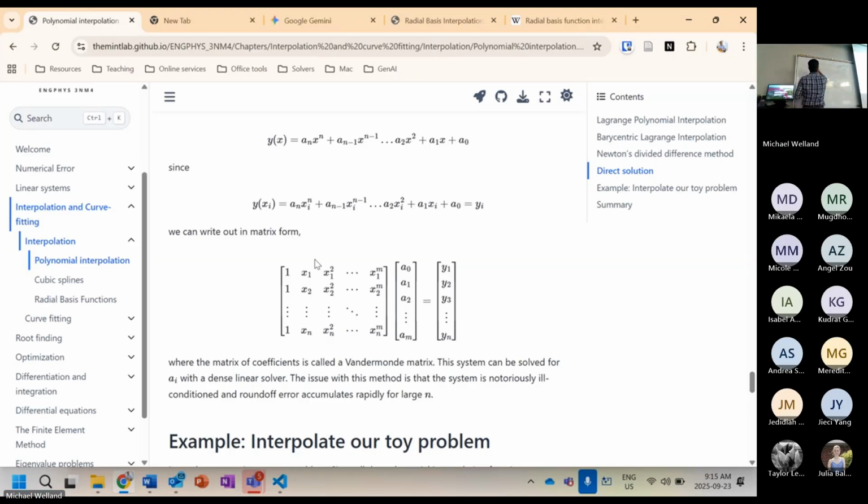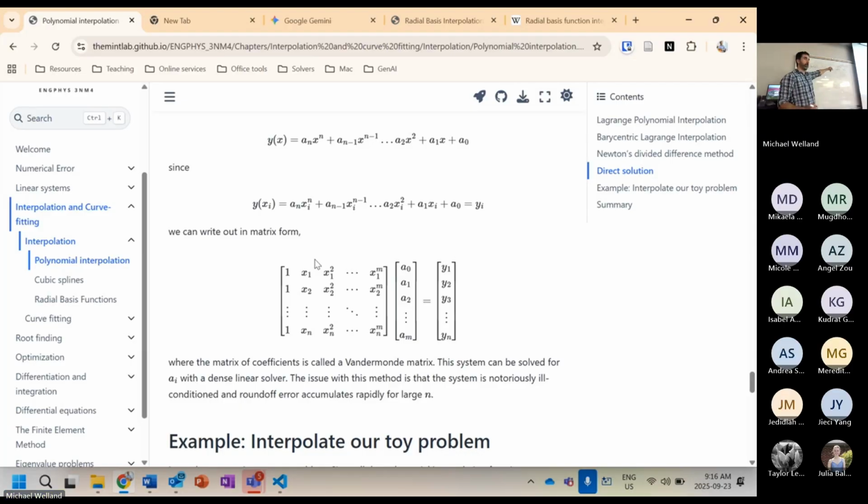Y at x1, let's just do 3, is going to be equal to a2 x1 squared, plus a1 x1, plus a0 x1 to the power of 0, which just becomes 1. And this has to equal y1.